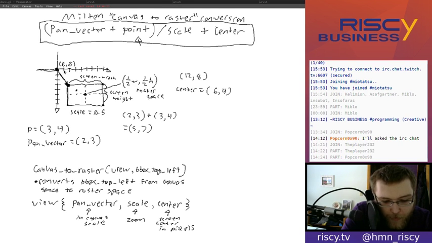So if we were to draw 5, 7, that would be like down here somewhere, right?